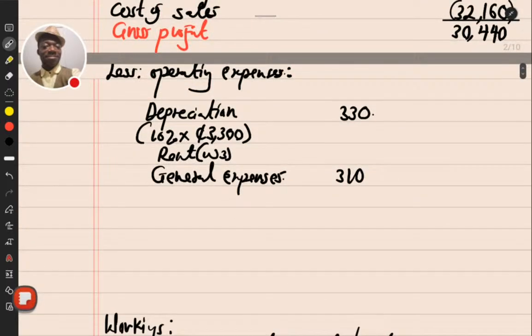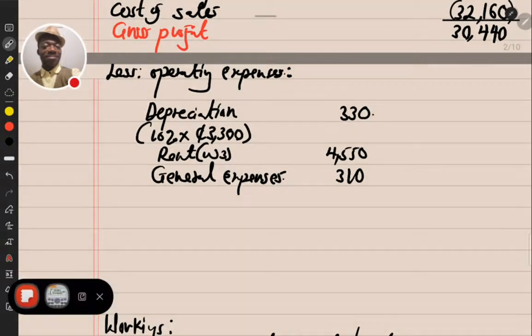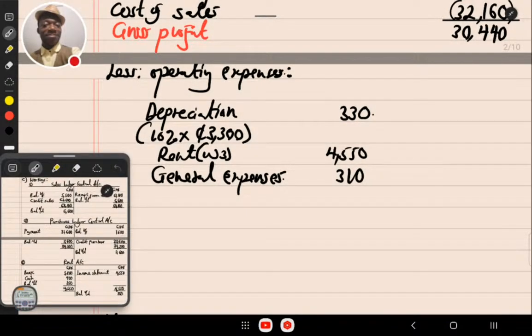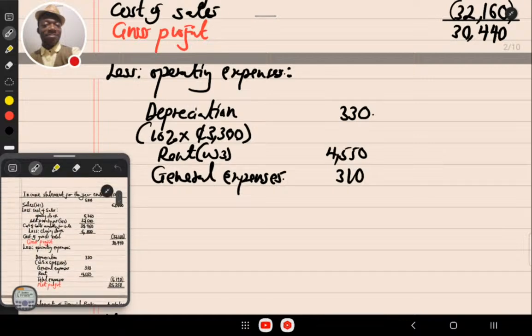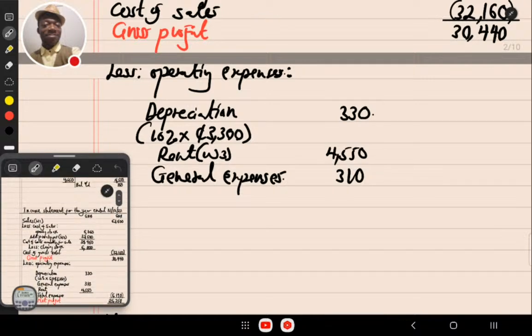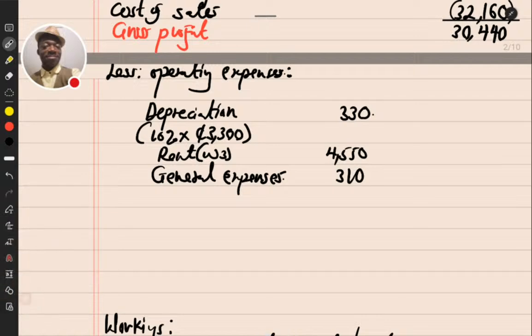We'll have the total value to be what? 4,550. And I think that will be all for the expense items as per my workings generally here. Yes, supposed to have that. So in summary, you're supposed to get a total figure as total expense.